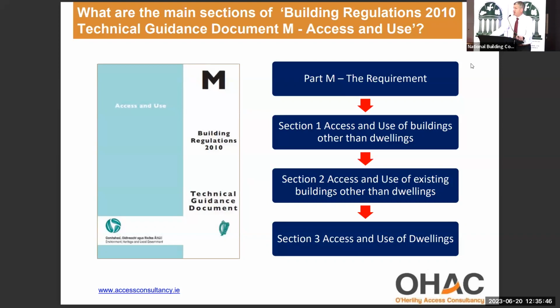Section 3 is access and use of dwellings, and as Conor mentioned earlier on, it's making the dwellings visitable. So someone can come to your house, they can have a cup of tea and they can use a downstairs toilet. It doesn't mean that if your brother or your sister or your parent acquires a disability that they can come and live in your house and so on. So I think that's just an important distinction there.